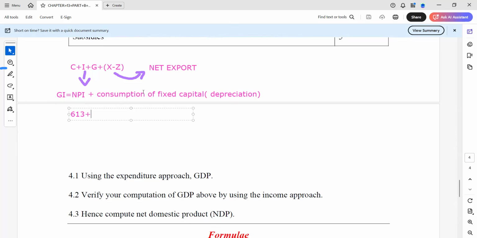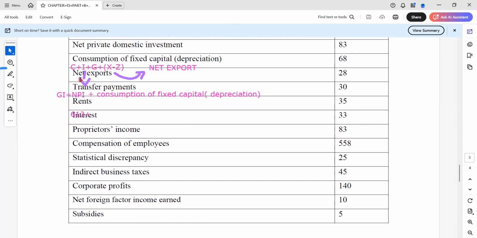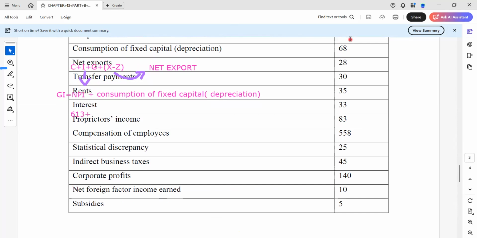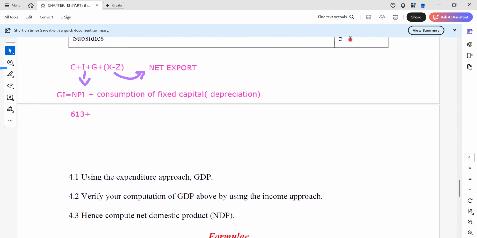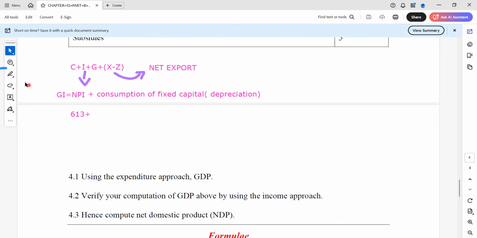So let's go up here. Net private domestic investment is 83. Then consumption of fixed capital is 68. So if you say 83 plus 68, what do you get? 151, right? I'm getting 151. So we are going to add 151 here as the gross, obviously.